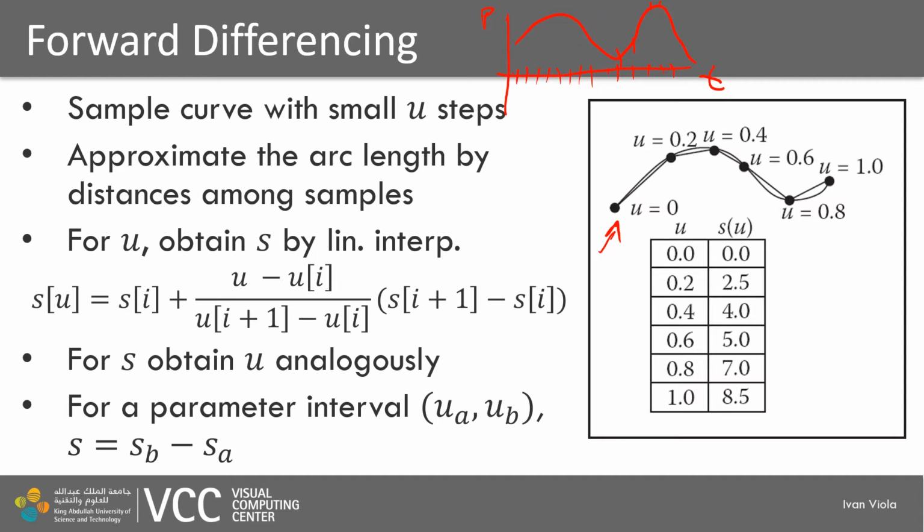However, this is not always possible, because such an arc length computation might not have a closed form. For that, we can resort to an approximation, and as often in graphics, an approximation of the elegant mathematical solution is often sufficient. So a simple approximation of an arc length parametrization can be done through the so-called forward differencing method.